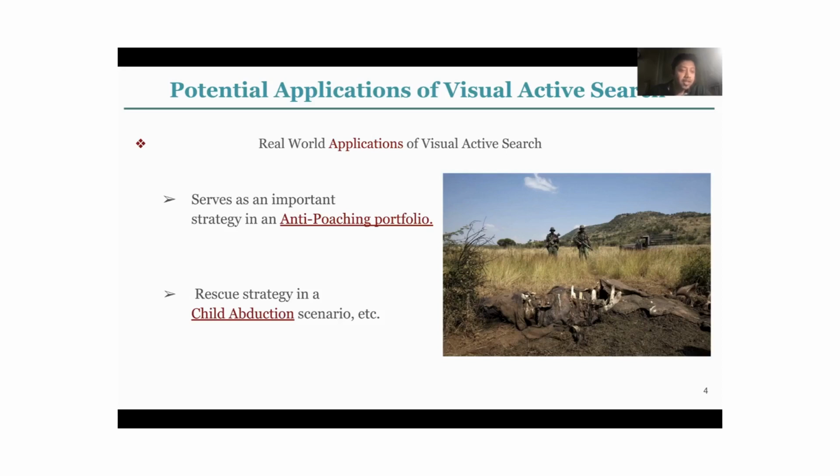An important strategy in an anti-poaching portfolio is to obtain aerial imagery using drones that helps detect poaching activity, either ongoing or in the form of traps laid on the ground. The quality of the resulting photographs, however, is generally somewhat poor, making the detection problem extremely difficult.